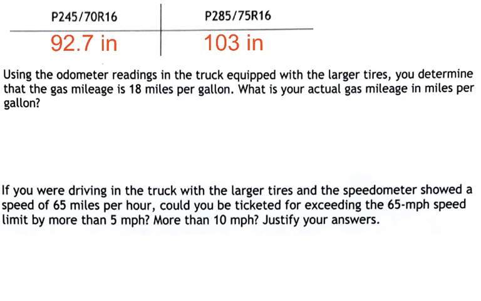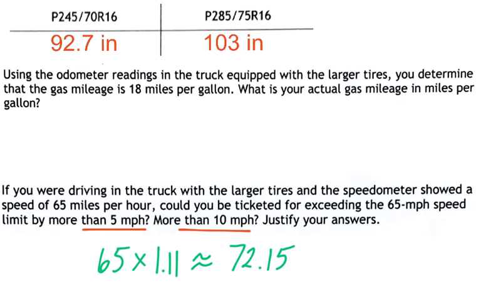And then if you're driving a truck, the larger tire speedometer shows 65 miles per hour. Could you be ticketed for exceeding the 65 mile per hour speed limit by more than 5 or by more than 10? So here there's two questions, and your justification is, well, you're traveling 65 times 1.11, and you get approximately 72.15 miles per hour.